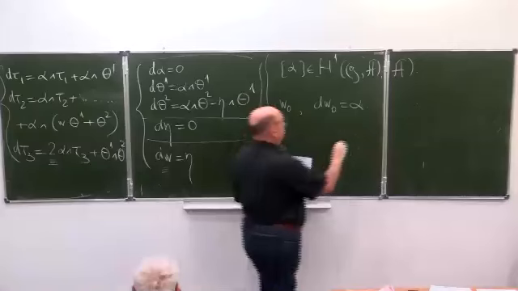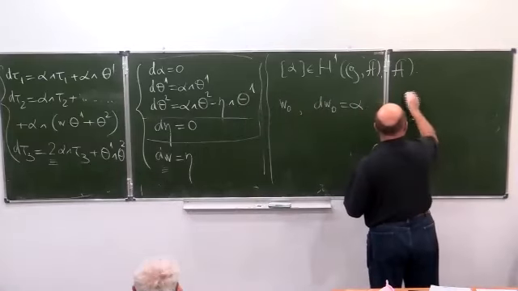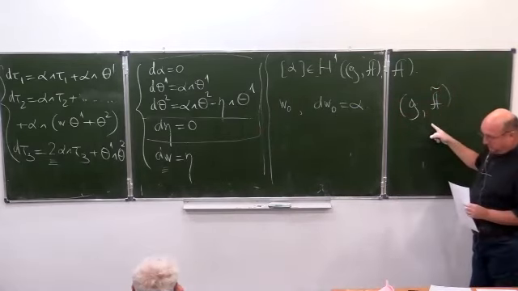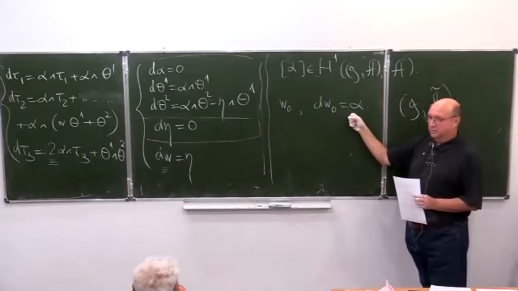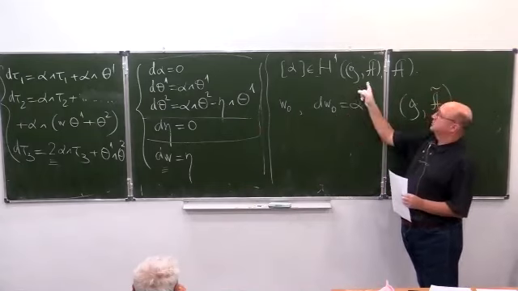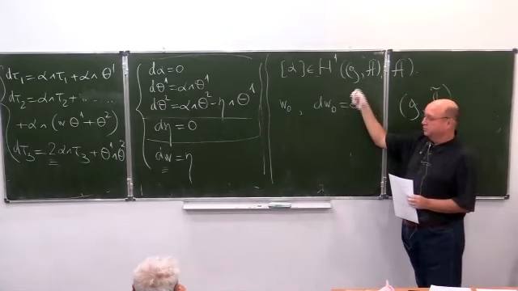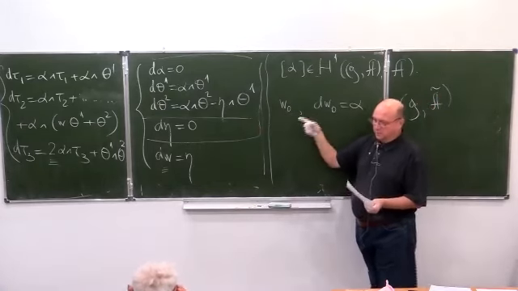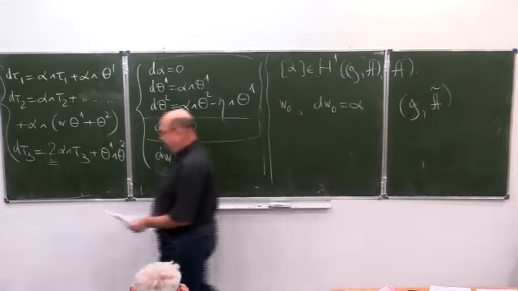So now we extend the A part. We kill this element of the first cohomology group by appending a new zero chain.